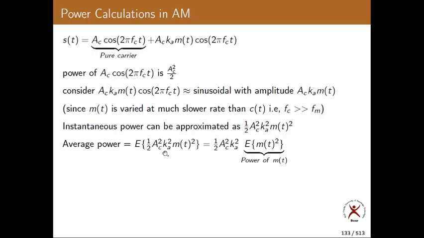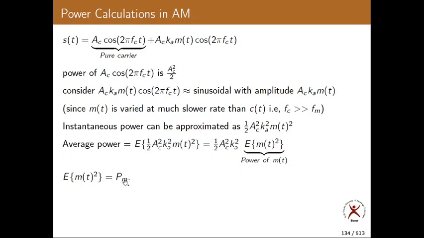The only term which is not constant is m of t whole square, so we take the expectation only of m of t whole square. You might have studied in a probability course that the expectation of m of t whole square is nothing but power. The expectation of any signal whole square is nothing but its power.